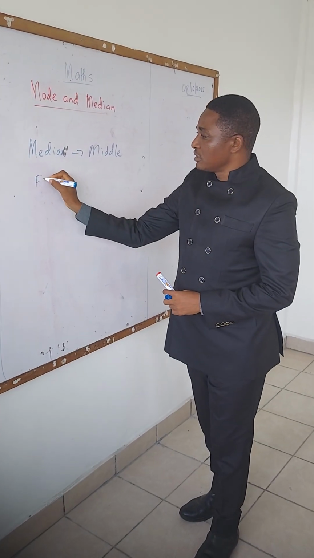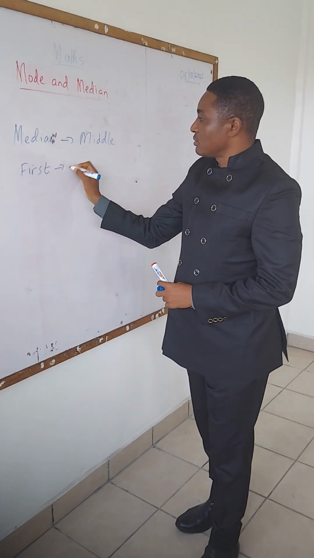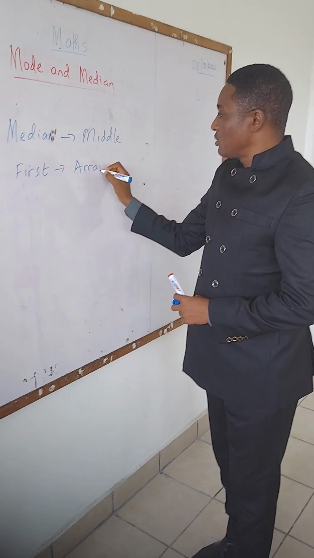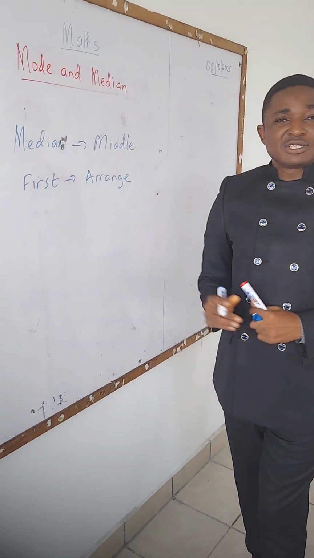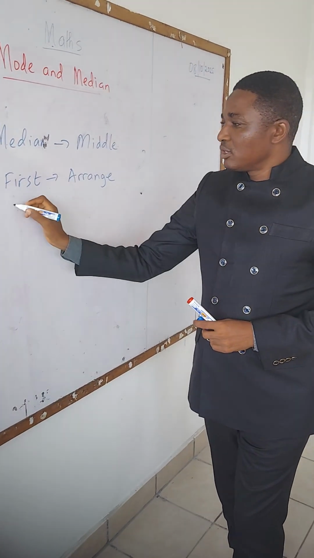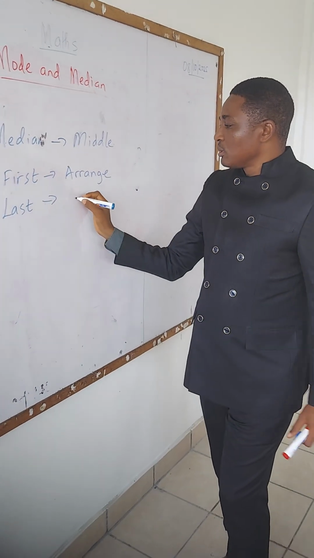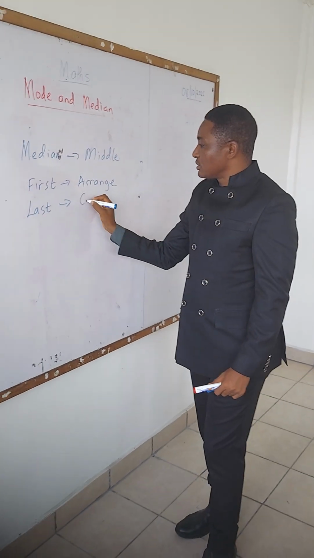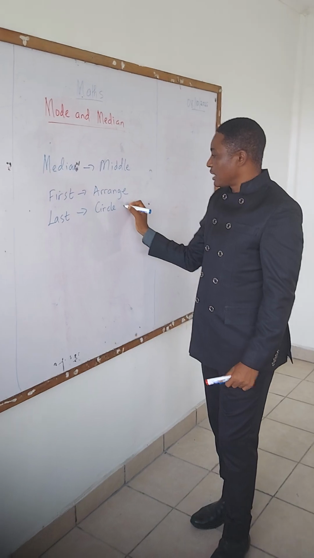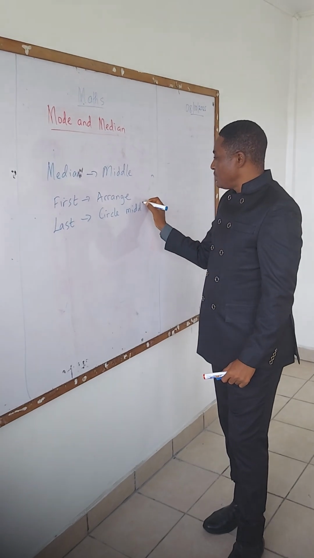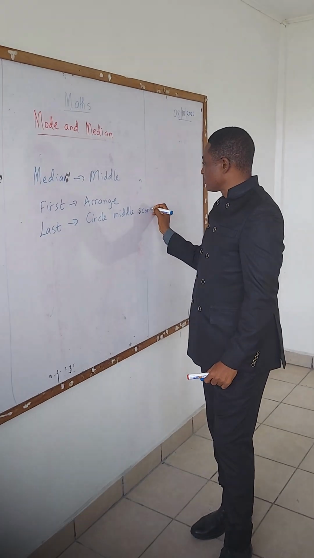So first, you need to arrange the set of data. And then rule number 2, finally, you pick out or circle or find the middle score.